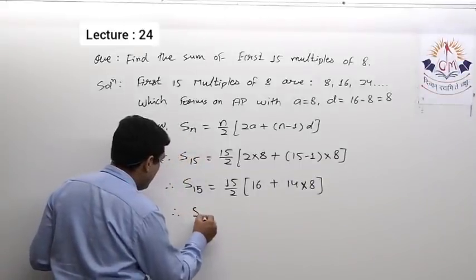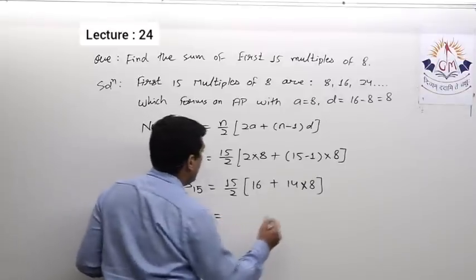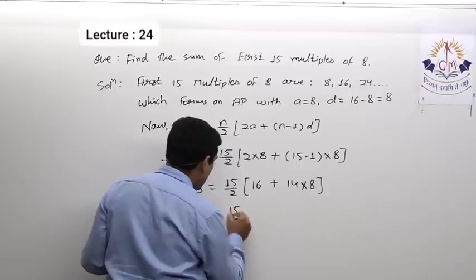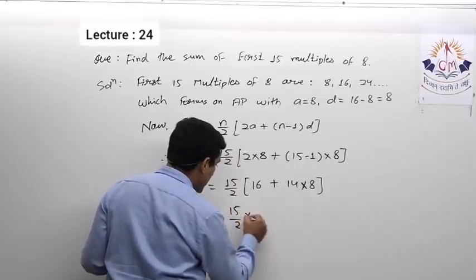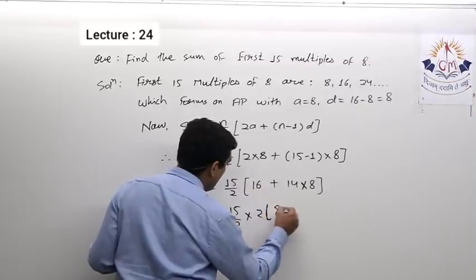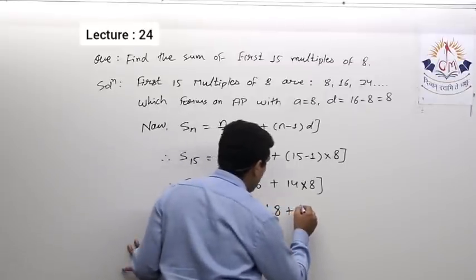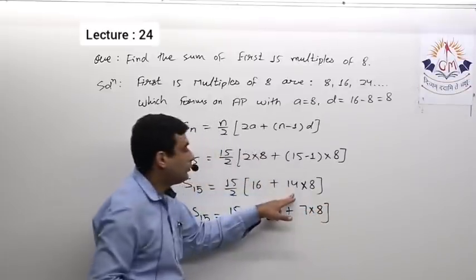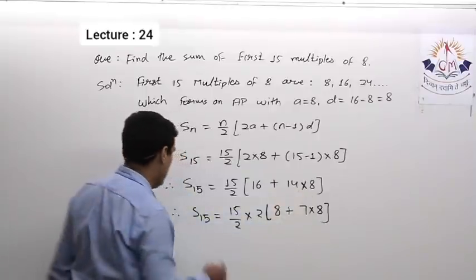Here S15 is equal to, I can take 2 common, and that will be better so that we can cancel this 2. If I take 2 common, here I will get 8, and over here I will get 7 into 8.